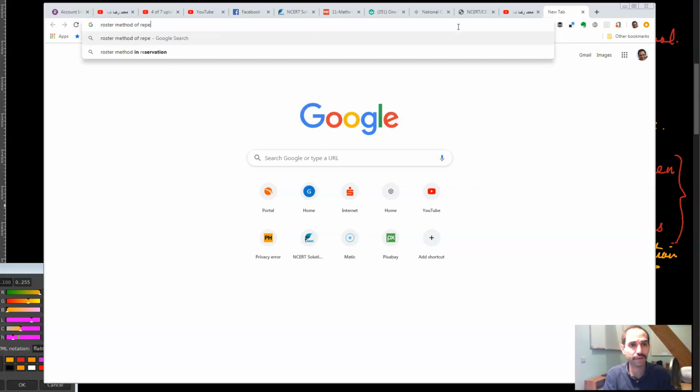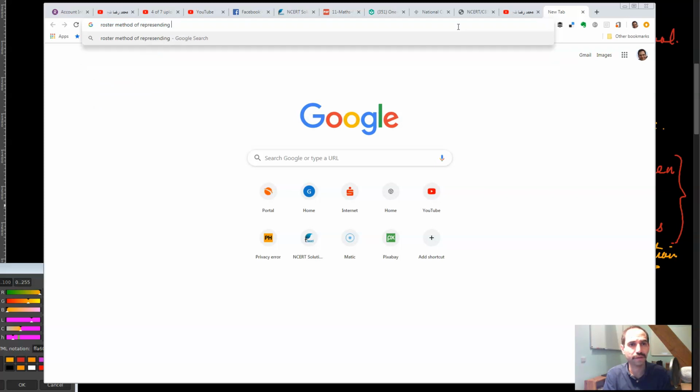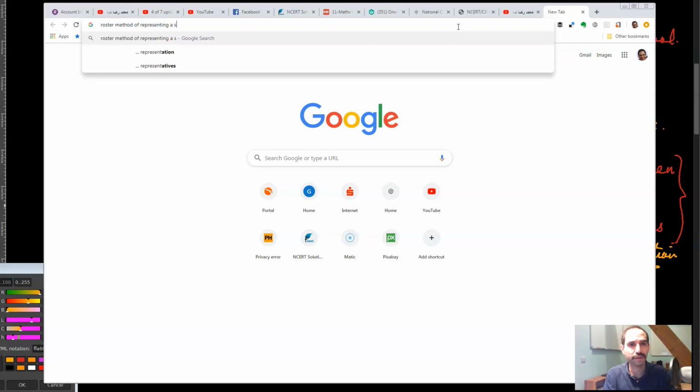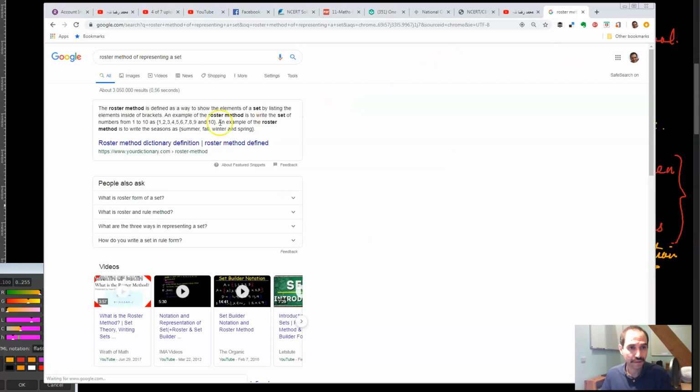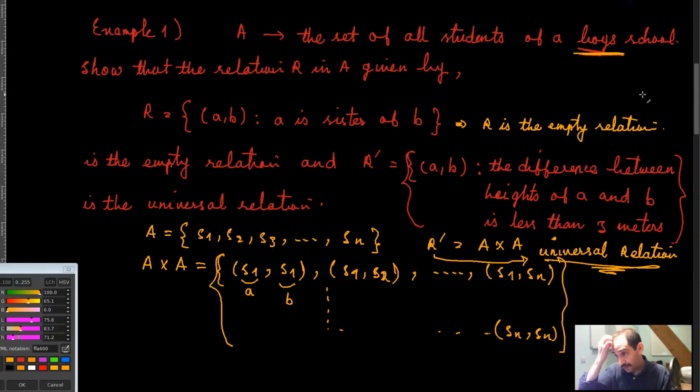The roster method is one way to show the elements of a set, so the text is actually a mistake. So we have seen 2 ways of representing a relation, namely the roster method and the set builder method.